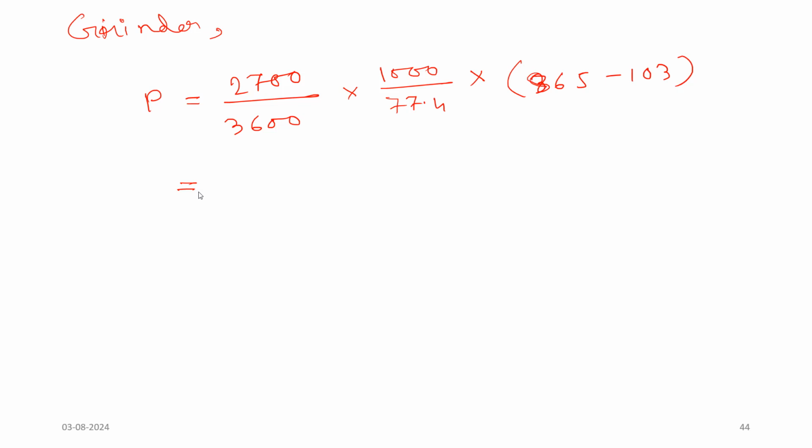Because in the case of the grinder, the product is 865 meter square per kg and the feed is 103, because it is already crushed in the crusher before the grinder. That is why the product size of the crusher is the feed size of the grinder.